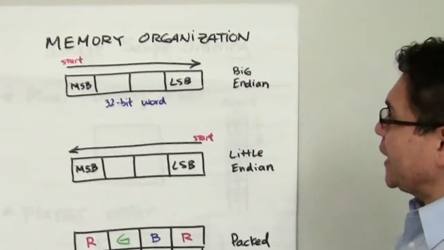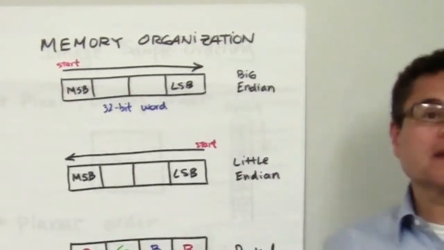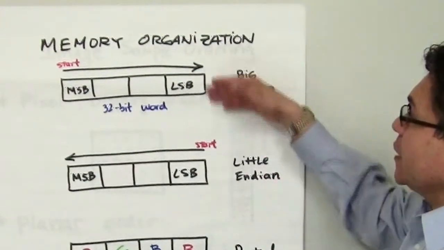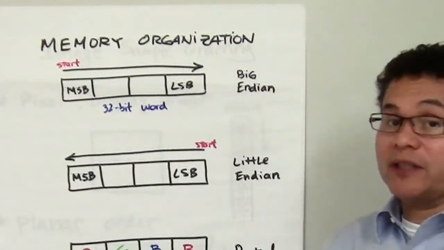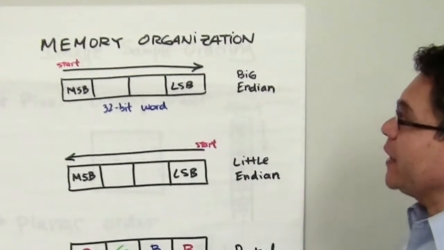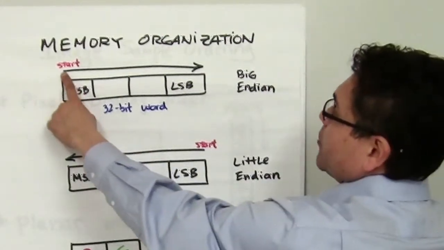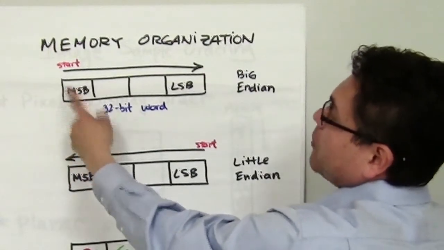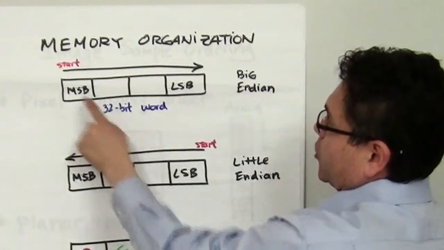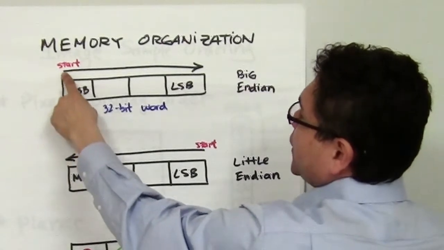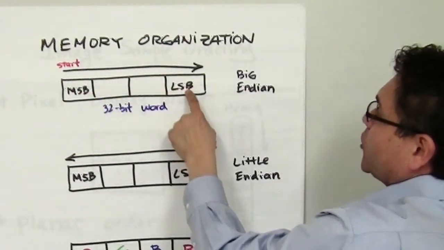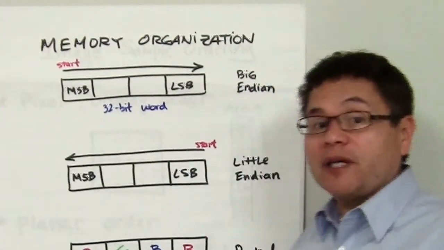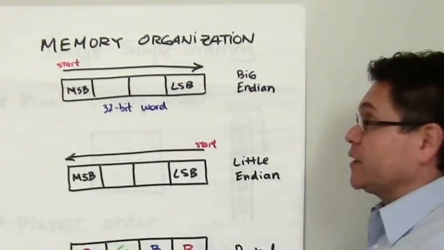One is called big endian, and many computers and microprocessors use big endian memory organization, or little endian. In big endian, your starting memory is your MSB, your most significant byte in this case, in a 32-bit word. So you start with your MSB, and as memory increases, you go into your LSB. This is how we write numbers, from the most significant to the least significant.